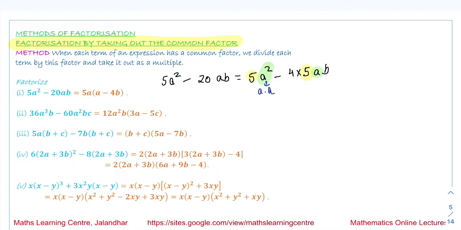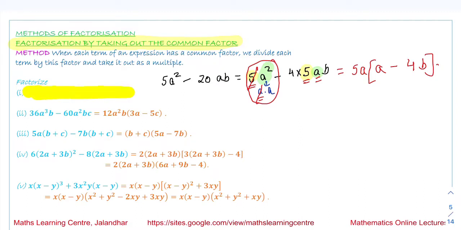What is common is this 5 and this a. So we are taking 5a common. What are we left with? From the first term we have taken 5 and a as common, so we are left with a. From the second term we are left with 4 times b. So the factorization of 5a square minus 20ab is 5a into a minus 4b.